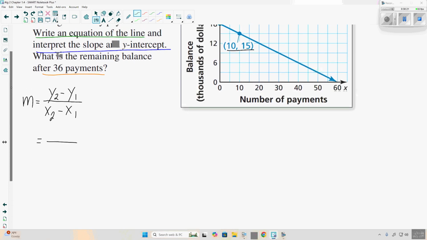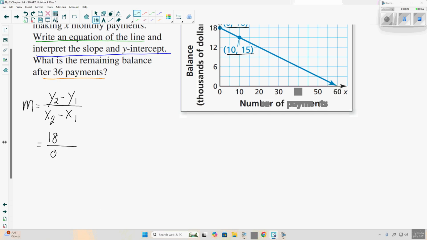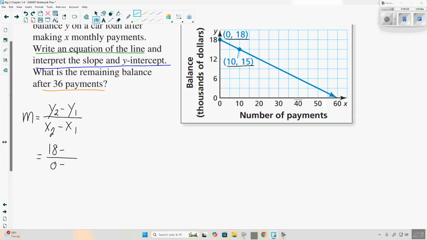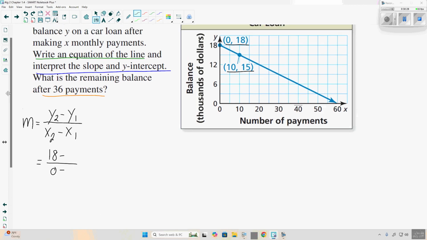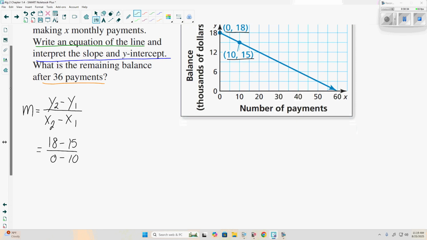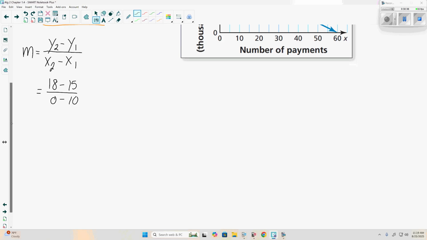So that'd be x, 18. So we can say 18 over 0, y over x. Our other y value is 15, and the x value is 10. So we picked one of the y values and put its corresponding x first. So here we picked 18 and 0.